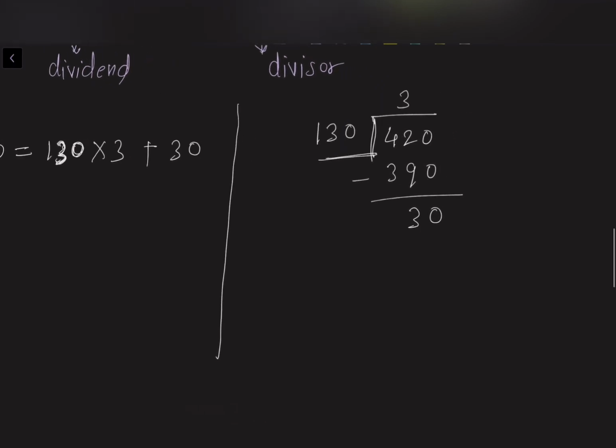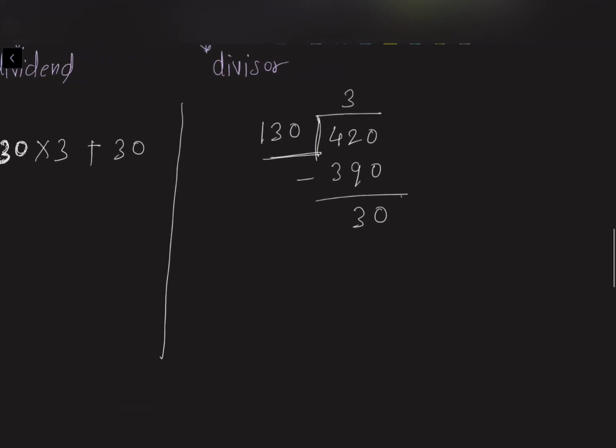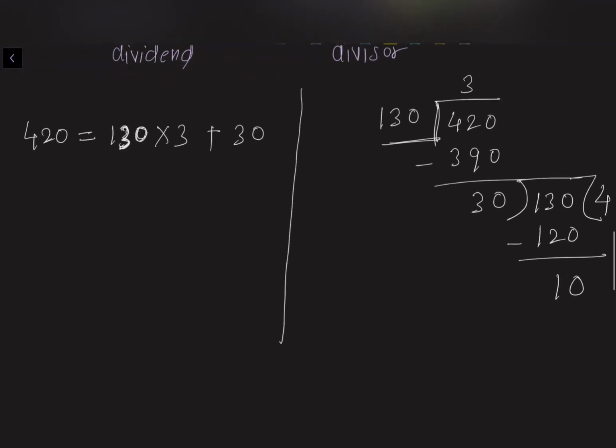Yeah. So the remainder is not 0. So this becomes your new divisor, and this is your new dividend. So 30 into 4 is 120, right? So this is how much? 10, right? So I told you 30 will become the new divisor and 130 will become your new dividend.